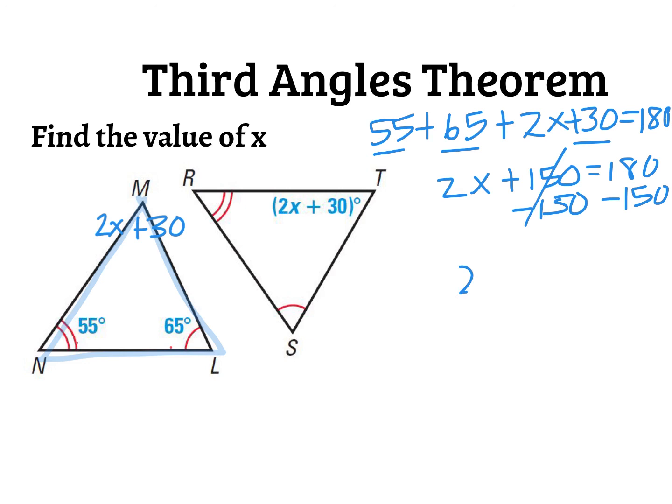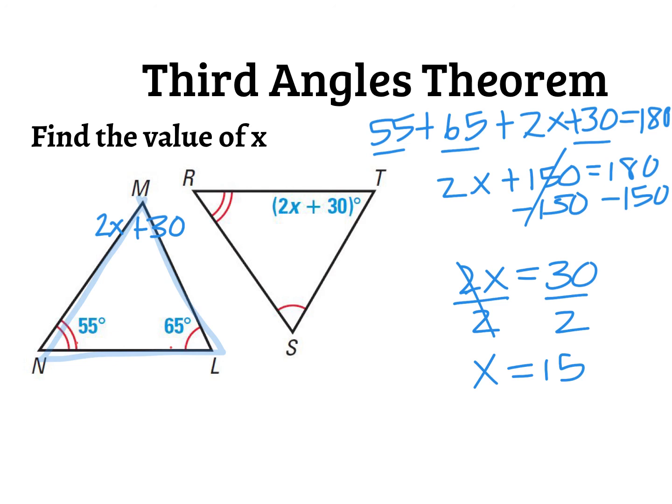I'm left with 2x equals 30 degrees. Divide both sides by 2. X equals 15. My iPad is glitching for some reason. And that's how you can find it.